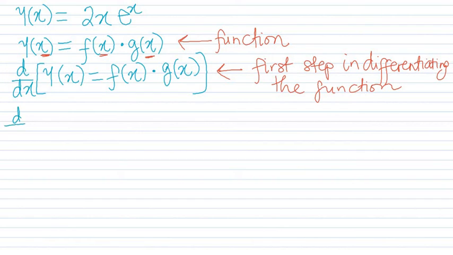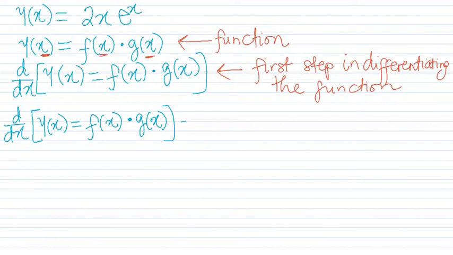So we have d over dx of y of x equals f of x multiplied by g of x equals, so we do the derivative. This is how you do it. We do the derivative of the first function multiplied by just the second function. We put all of that in bracket.